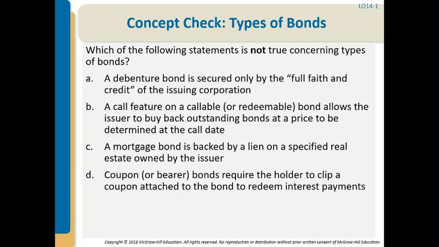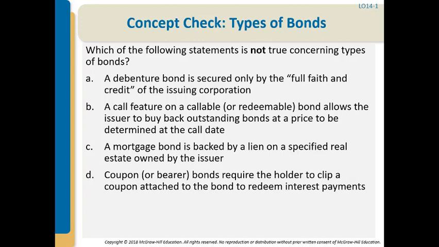All right, so question here, which of the following statements is not true concerning types of bonds? So A, a debenture bond is secured only by the full faith and credit of the issuing corporation. That's true.